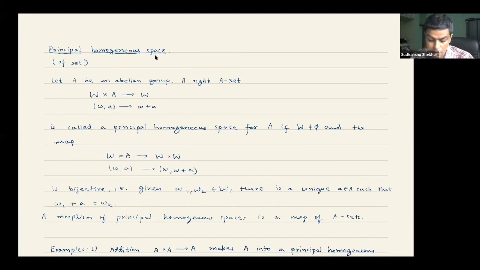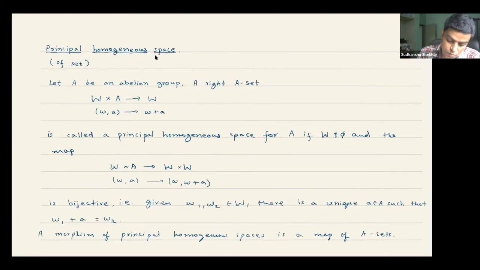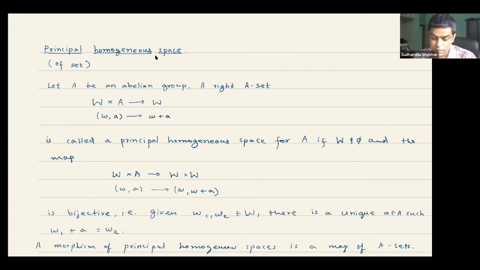So let me now move to the next topic, called the principal homogeneous spaces of elliptic curves. But before I go to the principal homogeneous spaces of elliptic curves, let's just look at the principal homogeneous spaces of sets. Then we will go to elliptic curves.